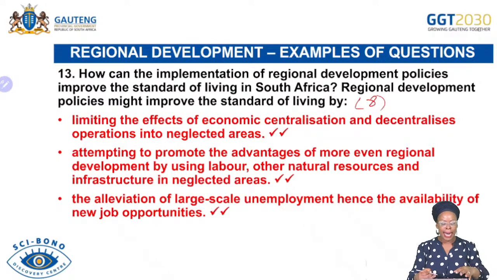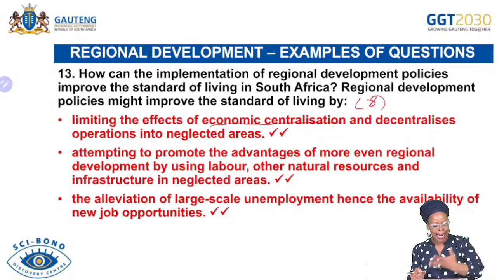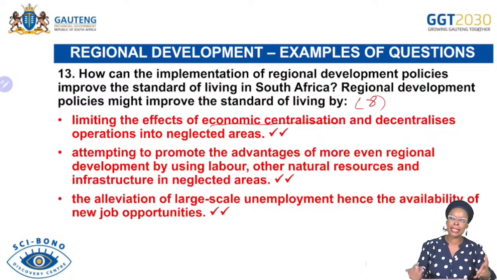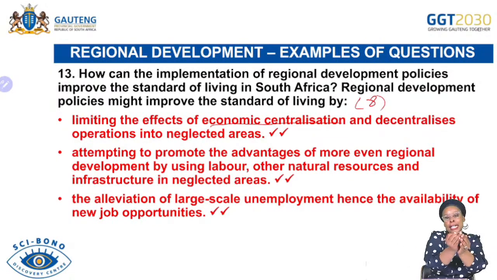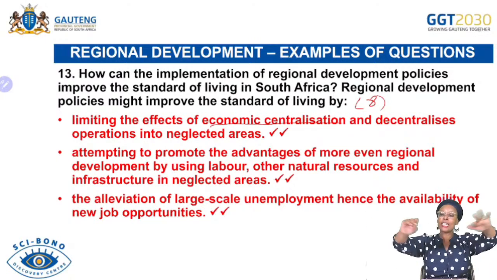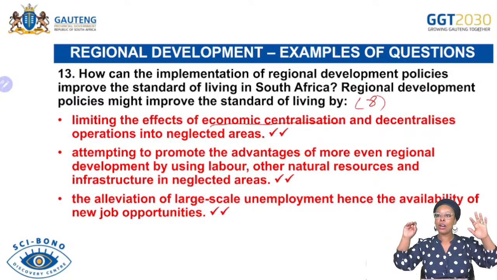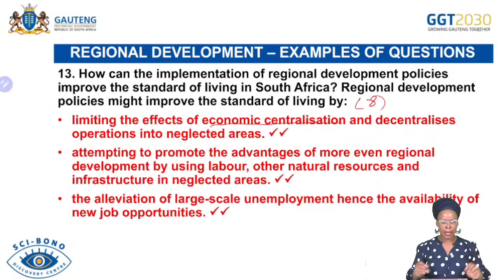You can mention that implementation of regional development will limit the effects of economic centralization and decentralize operations into neglected areas. Instead of having concentration of industries in 4 main areas, we can have a decentralization of industries. We can have industries even in other sections or regions of the country.